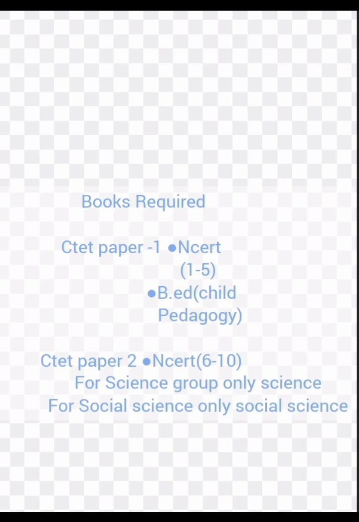You have to read all the properties, all the rules, that is all the psychologist principles for both the papers, CTET paper 1 and paper 2.